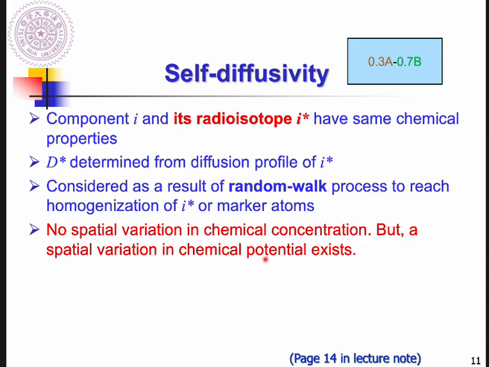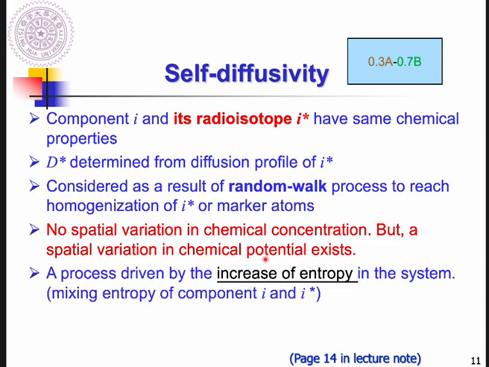So this also serves as a driving force to drive A and A star to mix. The diffusion that happens is actually driven by an increase of entropy, the mixing entropy between A and A star.